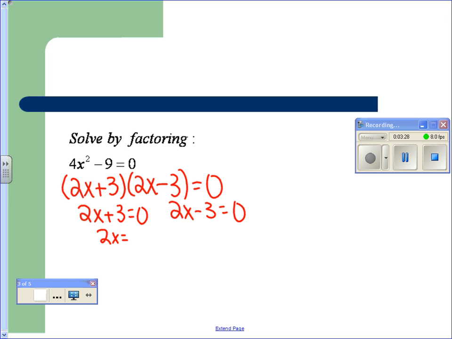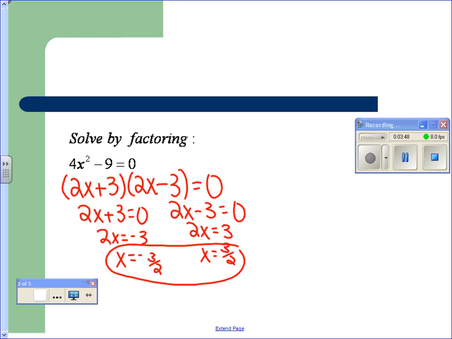So 2x equals what? So x equals negative 3 over 2. And 2x equals what? And x equals 3 over 2. Do you have to put both of those answers? Yes.